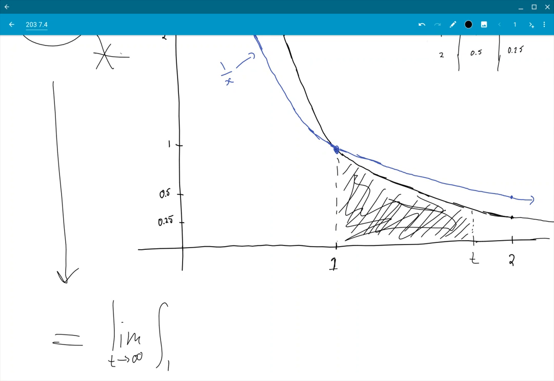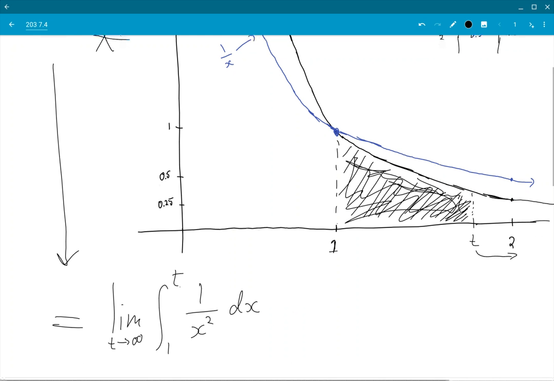Okay, so we'll do the integral from 1 to t now of 1 over x squared, thus finding this smaller area. And then we'll allow t to move to the right. Okay, that will be our approach. I hope you find that reasonable.